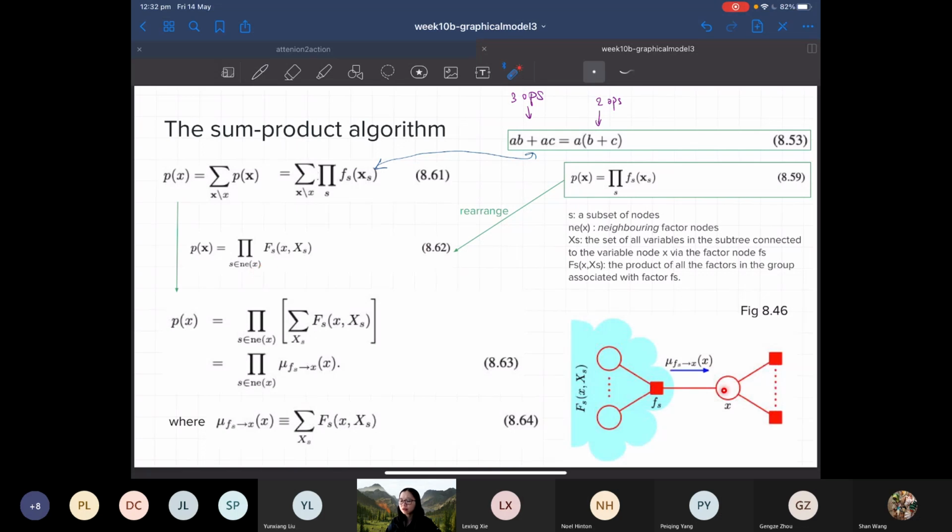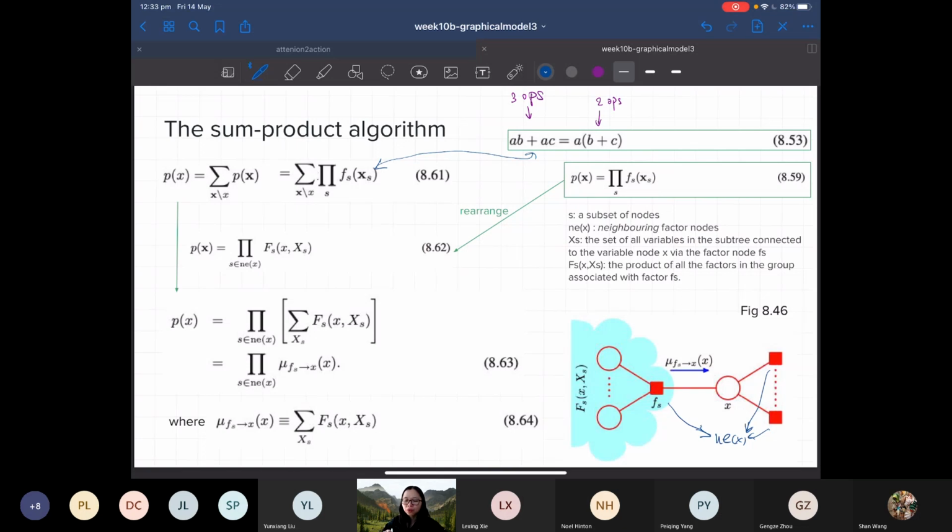If we want to compute the marginal on the node X, we redefine, or essentially group, the factor graph according to the neighbors of X. The neighboring factor nodes, NE of X, are this node, that node, and this particular node, and we index them as F sub S.